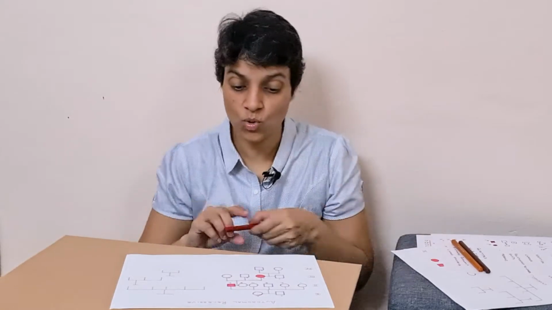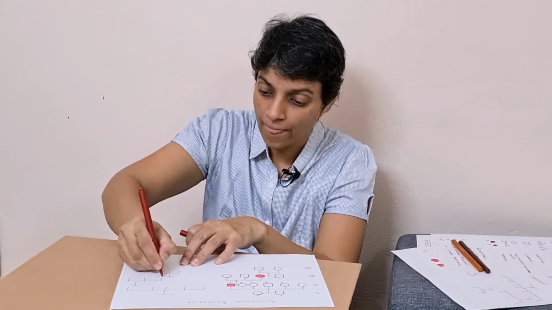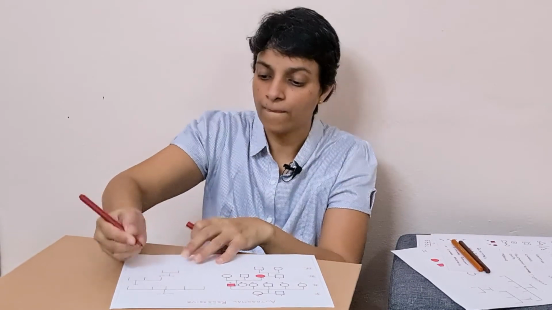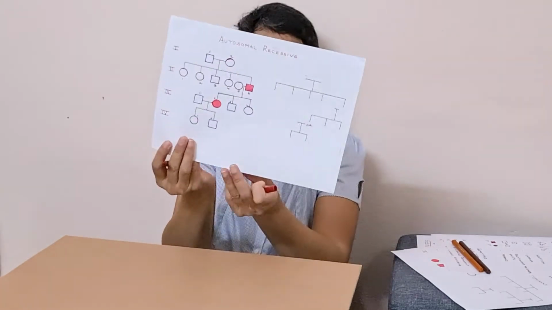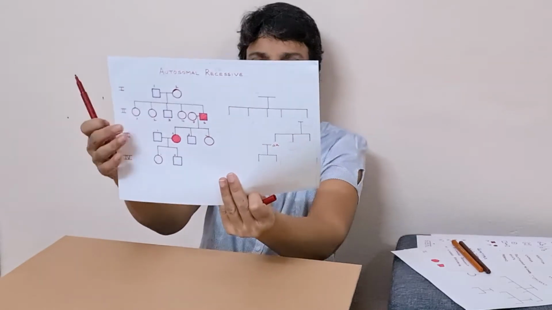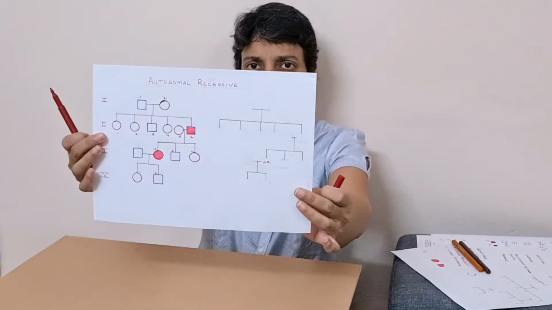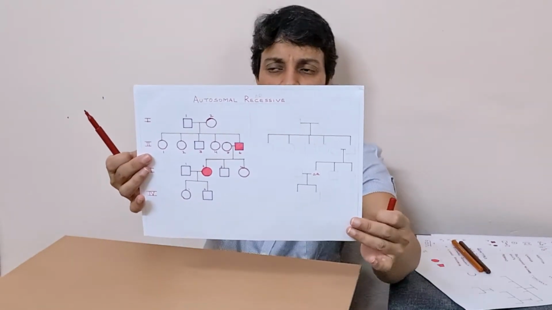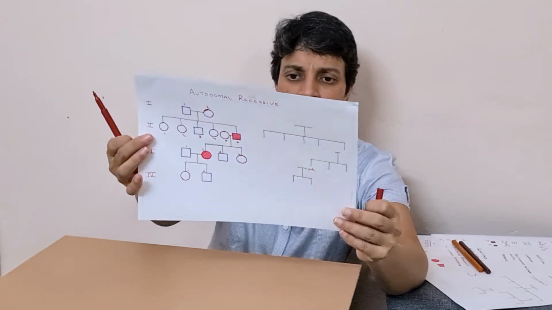So we will write small a, small a. Okay. Now we got the genotype of this individual. The pedigree is represented exactly as it is in pencil. I hope you can see it clearly.